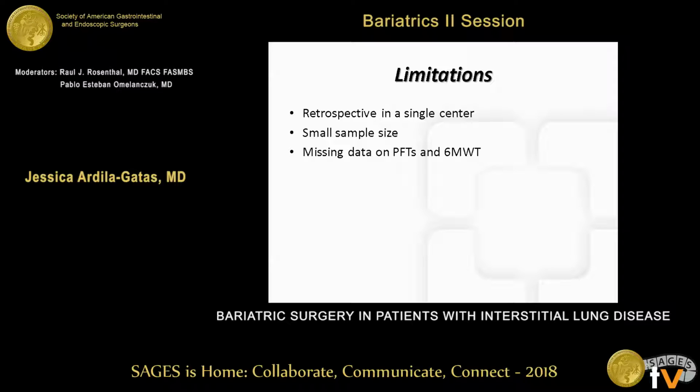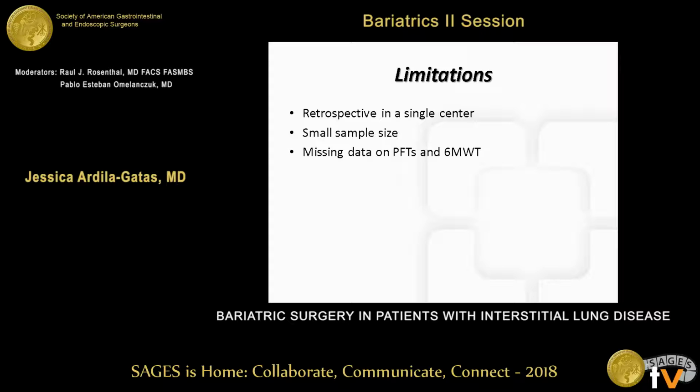Some of the limitations of our study, as with any study that's retrospective and done in a single center: unfortunately it's a small sample size, but as I said, this is a very rare disease, so unfortunately we didn't have more patients with it. And we did have, as I mentioned, some missing data on the PFTs and the 6-minute walk, which would have been ideal to have.